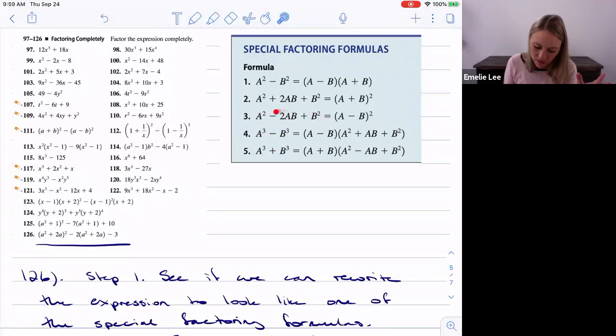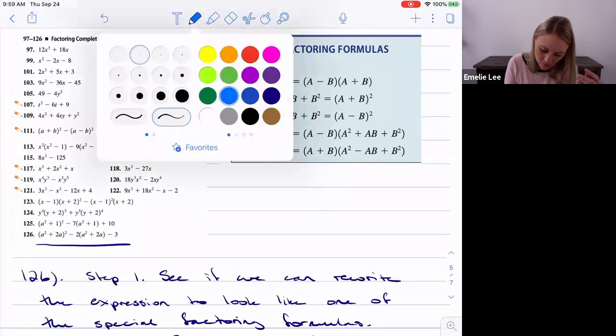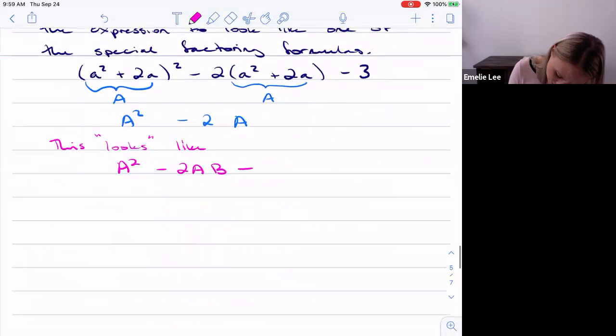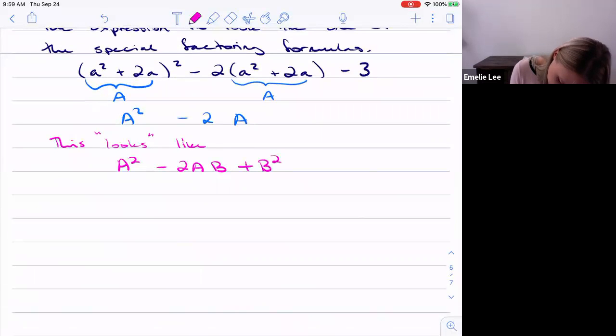So this looks a lot like a squared minus 2ab plus b squared, which we can rewrite as (a minus b) squared.